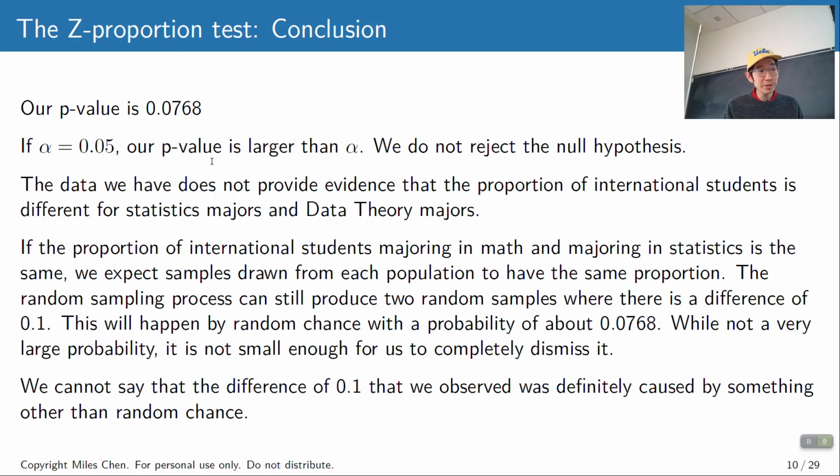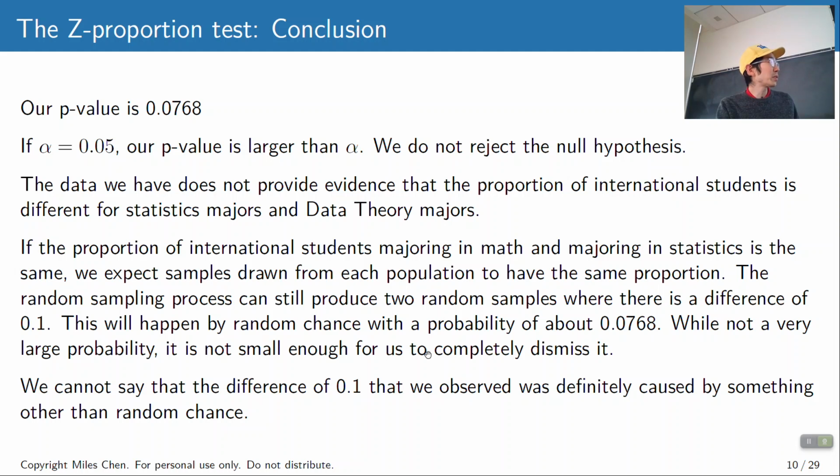Okay? So, a p-value of 0.077 is not huge, but it's also not small enough for me to ignore, right? So if the proportion of international students majoring in data theory and majoring in statistics is the same, we expect the samples drawn from each population to have the same proportion. The random sampling process can still produce two random samples where there's a difference of 10%.